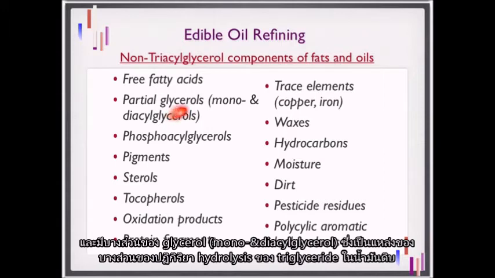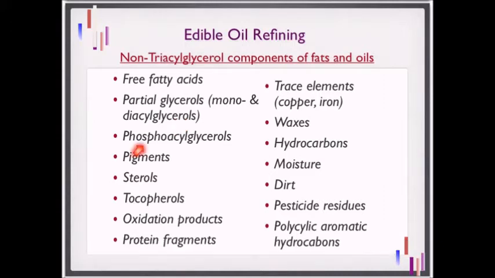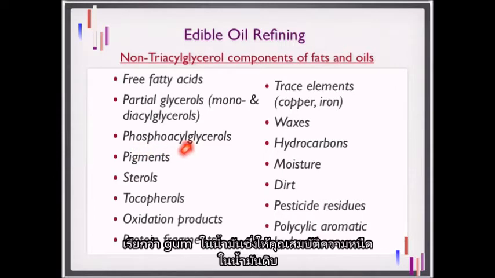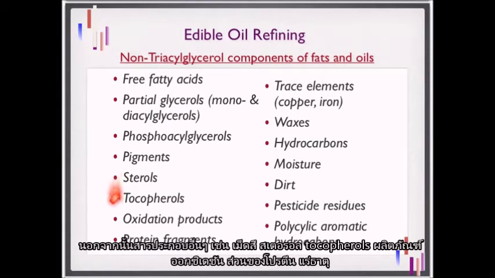And we have partial glycerols, mono and diglycerols, which are the result of partial hydrolysis of the triglycerides in the crude oil. Then we have phosphoacylglycerol or phosphatides. These are what we call gums in the oil, which give a viscous property to the crude oil. And other components such as pigment, sterol, tocopherol, oxidation products, protein, and the trace elements.